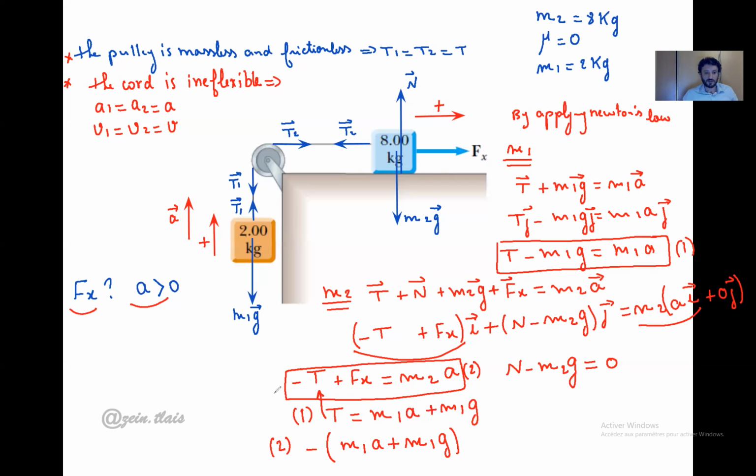Okay, I am using this equation, plus fx equal to m2a. Okay, we can calculate a. Let's continue here.